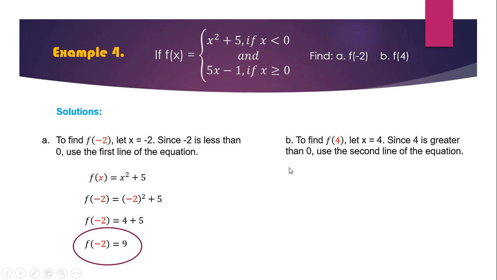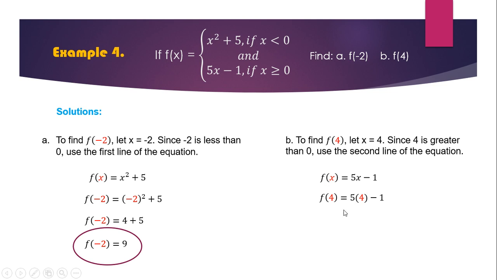Since 4 is greater than 0, we're going to use the second line of the equation, which is 5x minus 1, since it states that if x is greater than or equal to 0, we use this sub function. So the same, just copy the sub function. f of x is equal to 5x minus 1. Substitute 4 in the variable x.